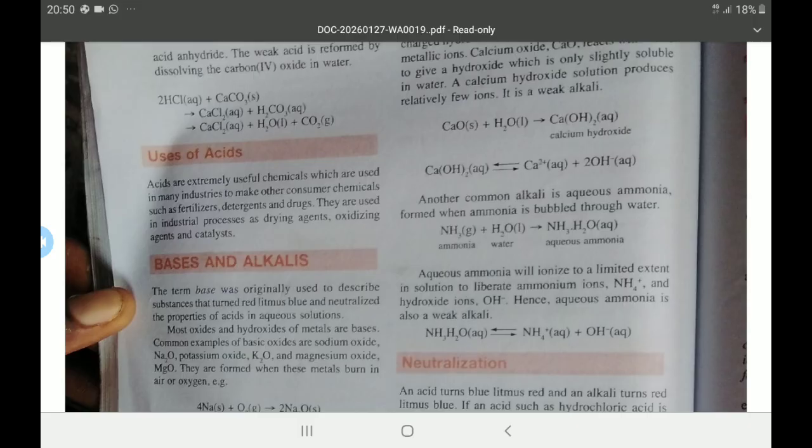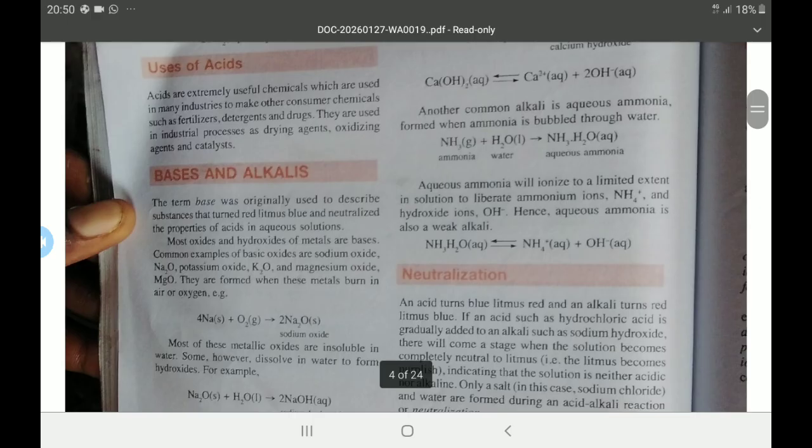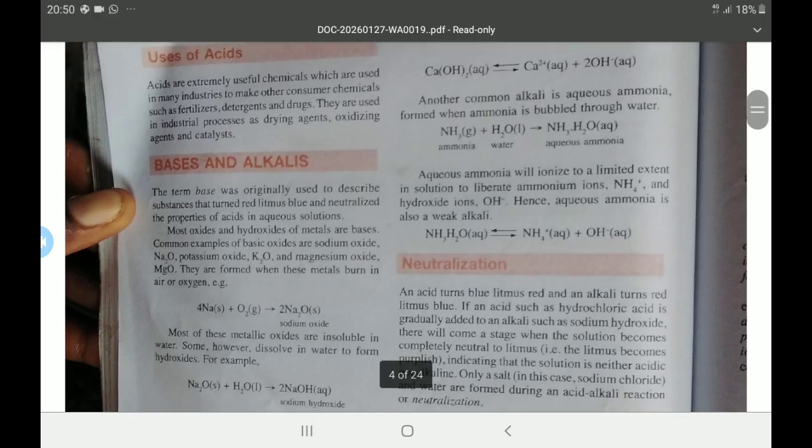Alright, let's dive into today's class. Bases and alkalis. The term base was originally used to describe substances that turned red litmus blue and neutralized the properties of acid in aqueous solution. So a base is simply a substance that has the ability to turn a red litmus to blue.